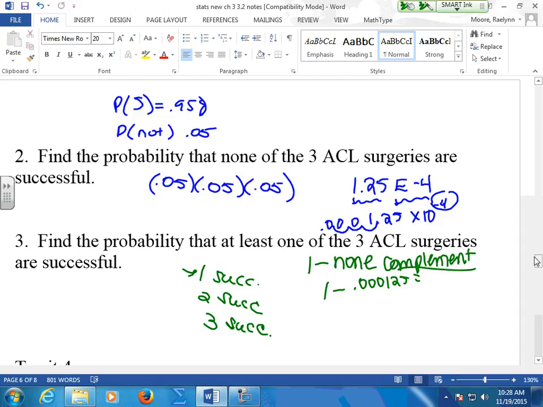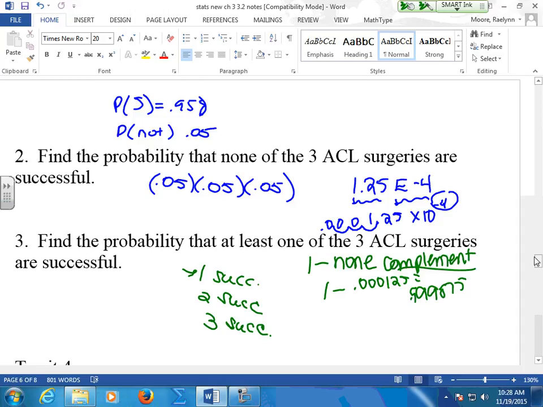So about 0.999875. Okay, very, very high number. I want at least 1 successful. It leaves me 3 possibilities: 1 successful, 2 successful, or 3. The only one I don't want is the none.